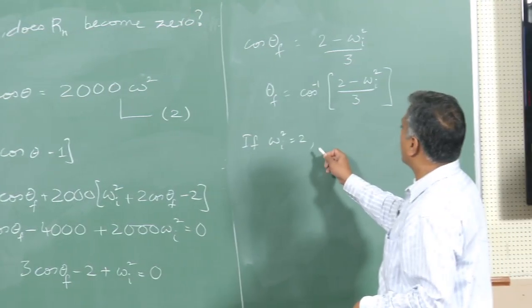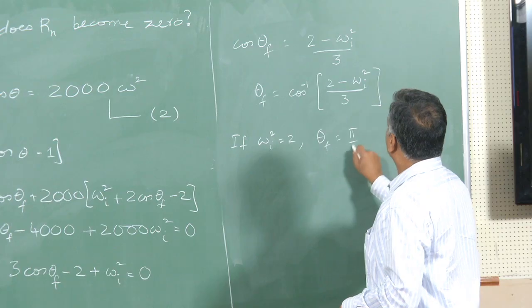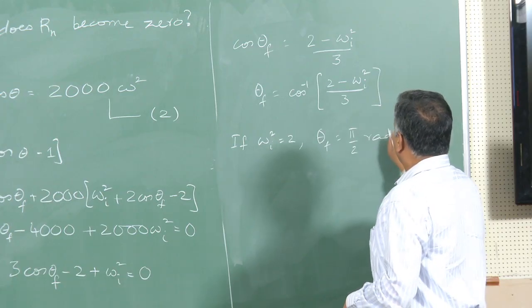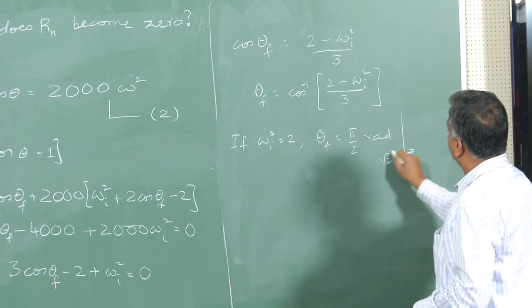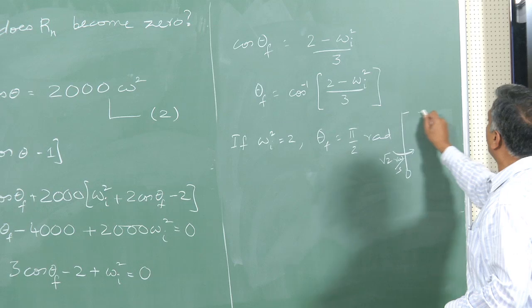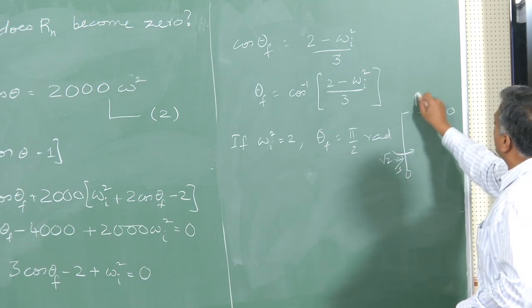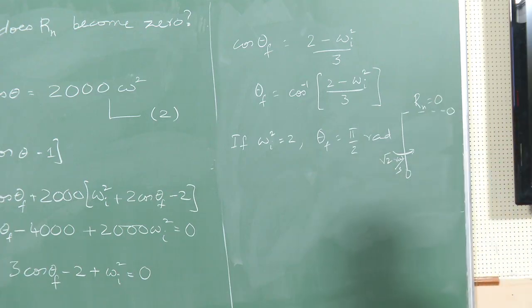If omega I squared equals 2, then theta f equals pi over 2. That means if I give this bar square root 2 radians per second, when the bar becomes horizontal, Rn is 0 in that bar.